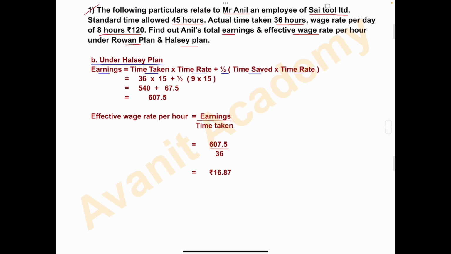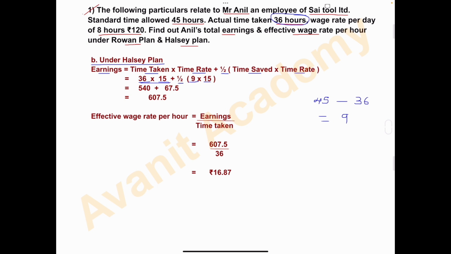Time taken by Mr. Anil is 36 hours. Time rate we have calculated, that is rupees 15, plus write as it is half, 1 divided by 2. In bracket write time saved. We have time saved is 9, 45 minus 36, into time rate is 15.